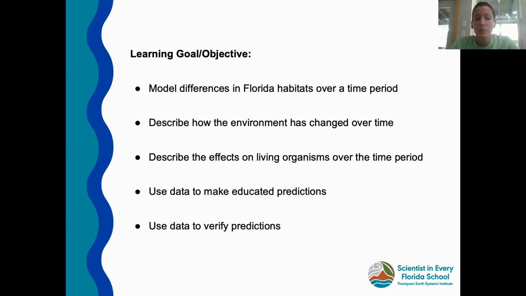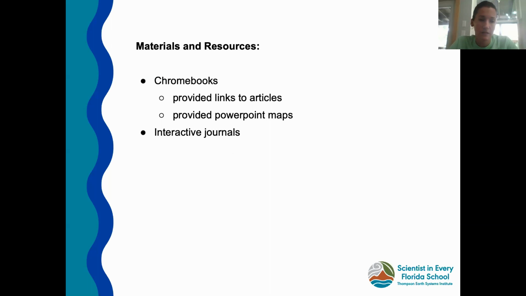So our goals would be modeling the difference in Florida habitats over a time period, describing how the environment changes, describing the effects of living organisms over that time period, using the data to predict what you think would happen in the future, and verifying your predictions with current data. Next slide. So our materials are very, very basic.